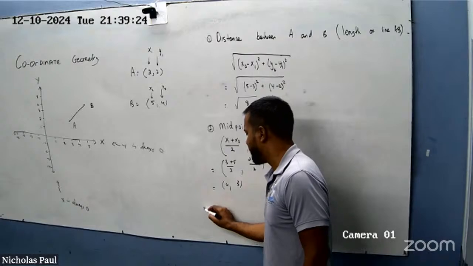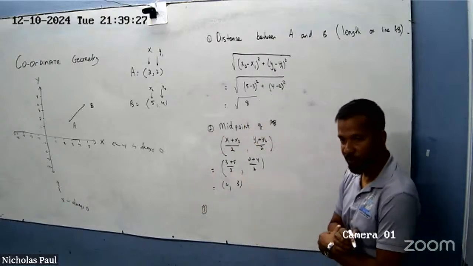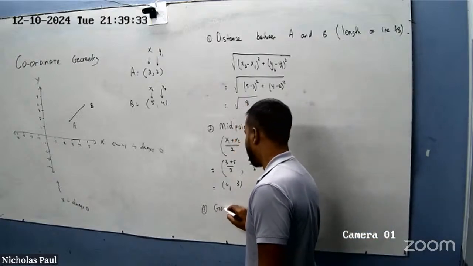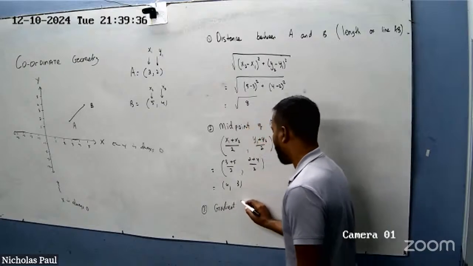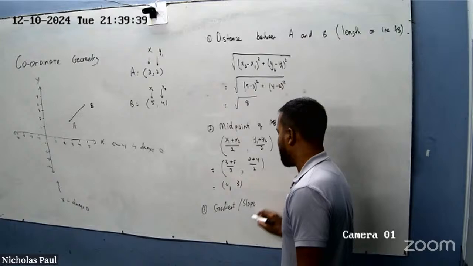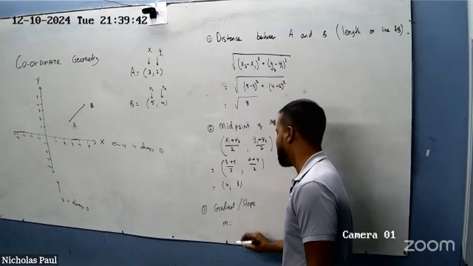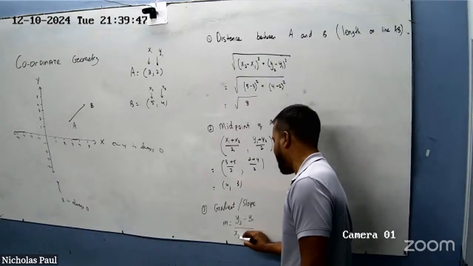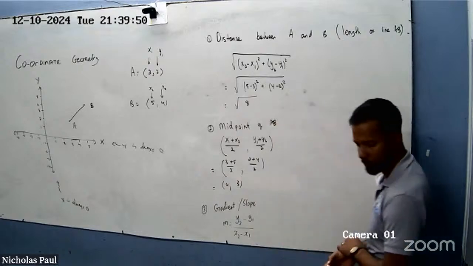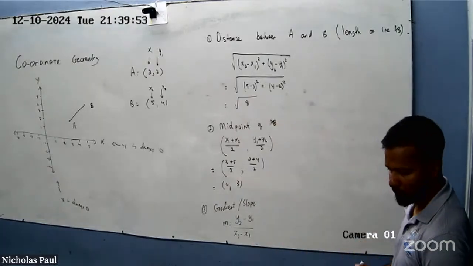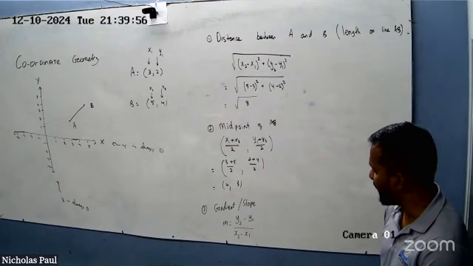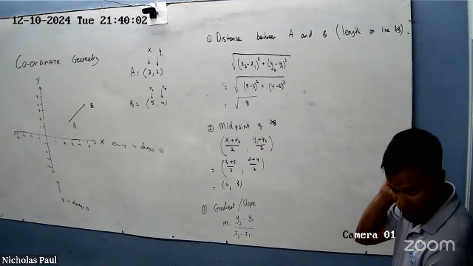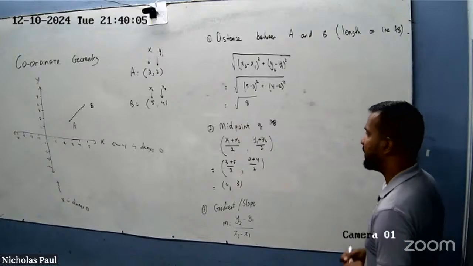This one you may have done already, but the next thing that we can do is find the gradient, or what we call the slope. The symbol that we use for gradient is m, and the formula is y2 minus y1 over x2 minus x1. Right? Work it out.